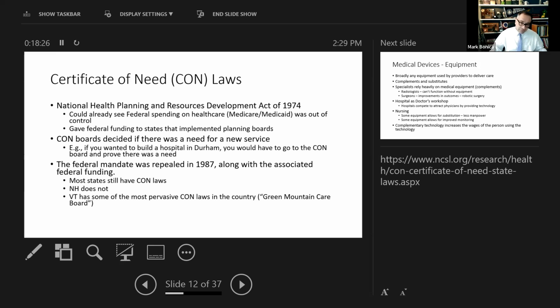And so they will come out and say, there's clearly no need for that. And so CON boards, depending on what they believed, spent a lot of time blocking additional organizations coming in. There are a lot of innovations that also happen.